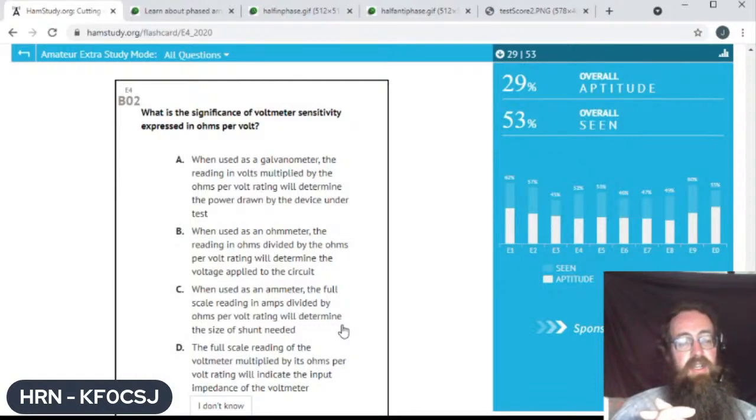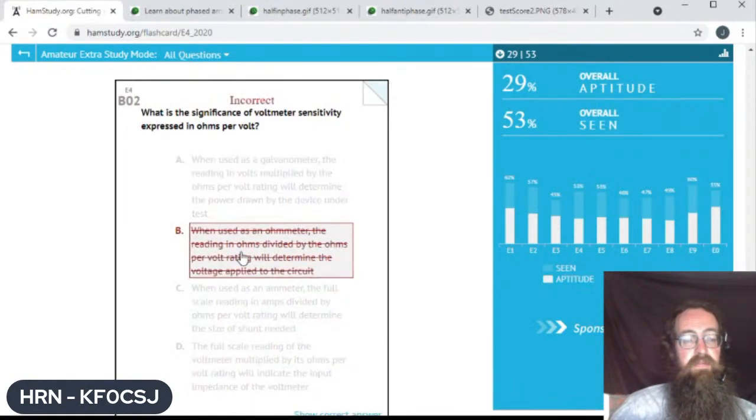D, the full scale reading of the voltmeter multiplied by its ohms per volt rating will indicate the input impedance of the voltmeter. Okay, so if you take the ohms and divide by the ohms per volt, I believe the ohms cancel out, so you're left with volts. So I'm going to pick B, and I am wrong.